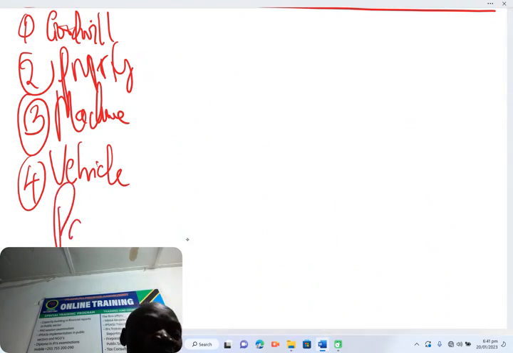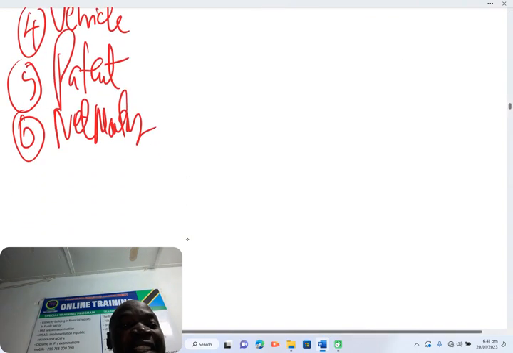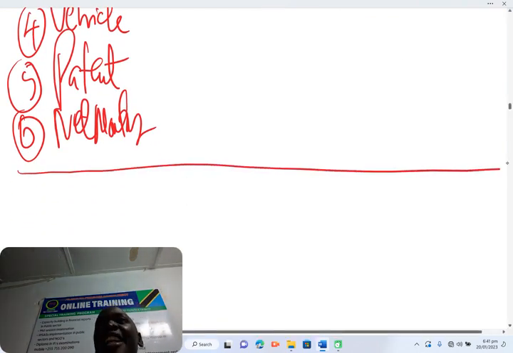So we have a patent, and lastly, we have net monetary. So we have 6 assets. Remember, once you have a CGU, there must be a goodwill somewhere because of what I've told you.